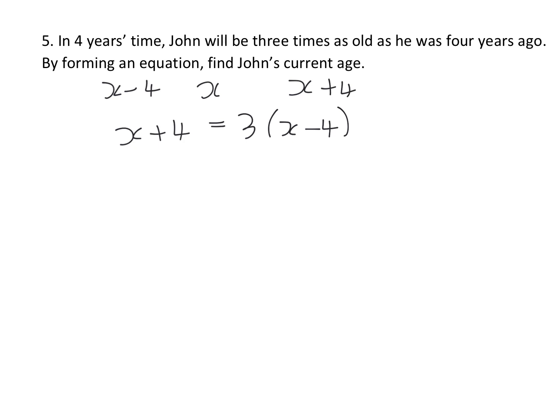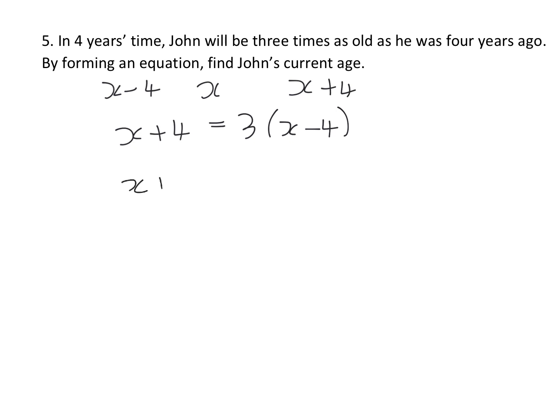So just run through that one more time. In 4 years' time, that's when John will be x plus 4, if his current age is x. That is equal to 3 times as old as he was 4 years ago. His age 4 years ago would be x minus 4.